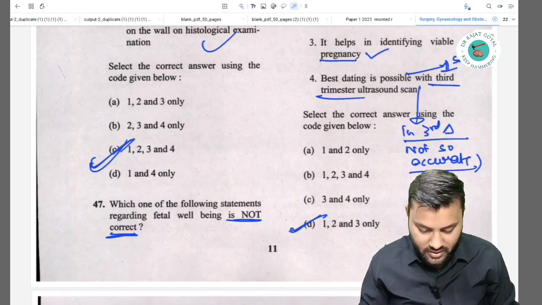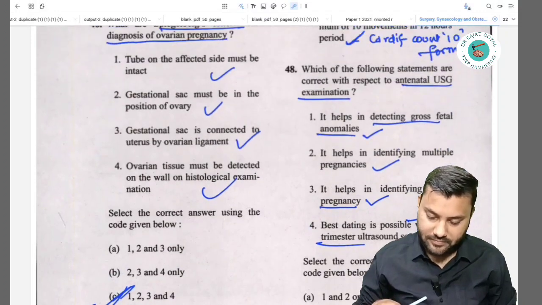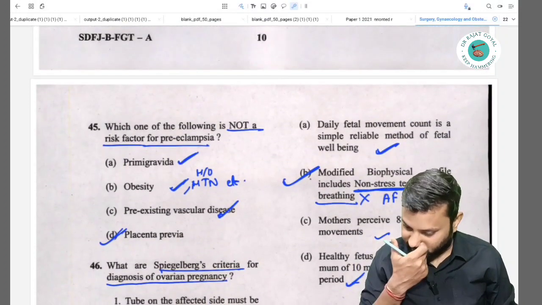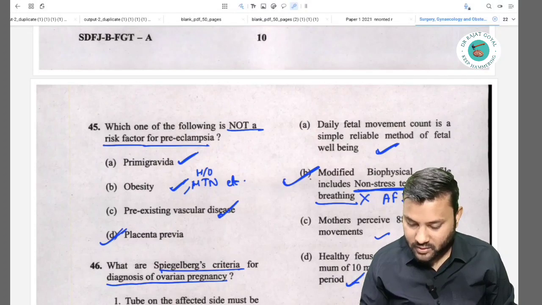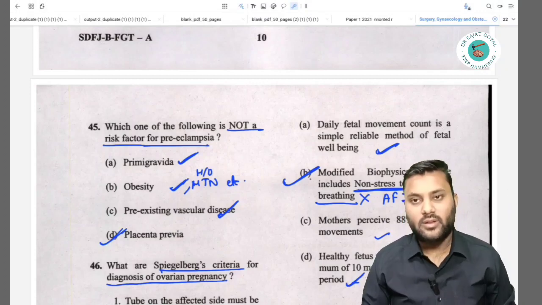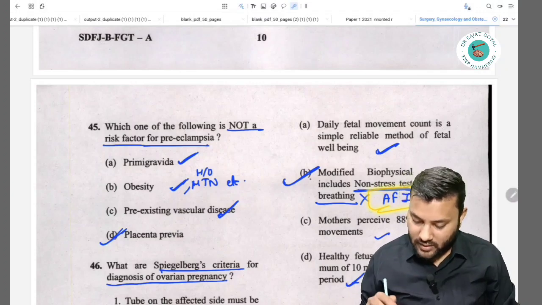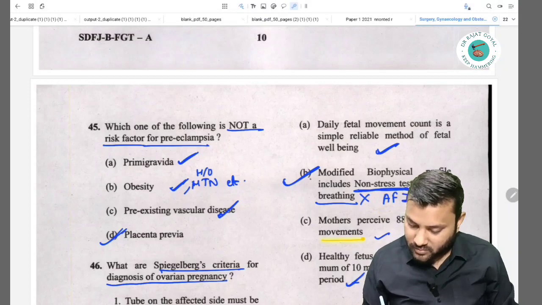Which of the following statements regarding fetal well-being is not correct? Daily fetal movement is a simple reliable method of assessing fetal well-being. Yes, this is true. The modified biophysical profile includes the non-stress test and fetal breathing. No, it includes NST and the AFI, the amniotic fluid index. And the mother perceives 88% of the fetal movements.